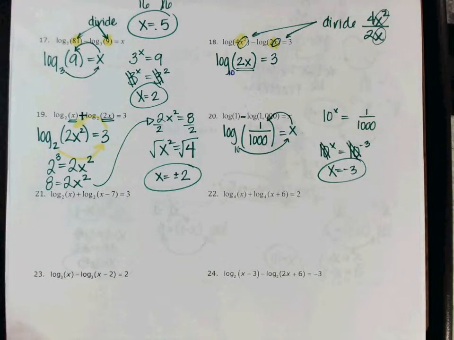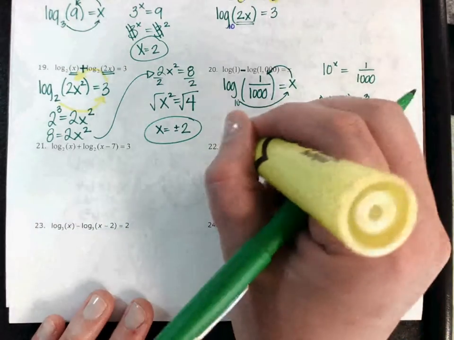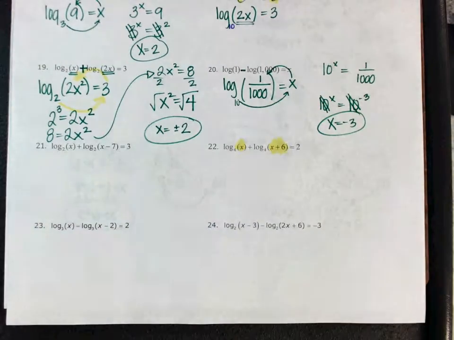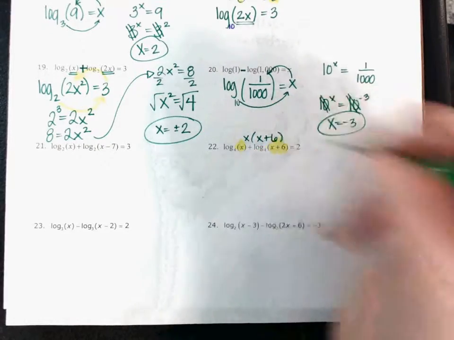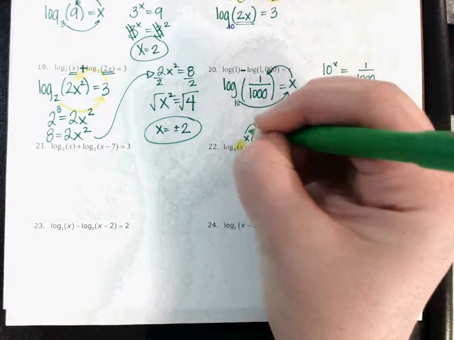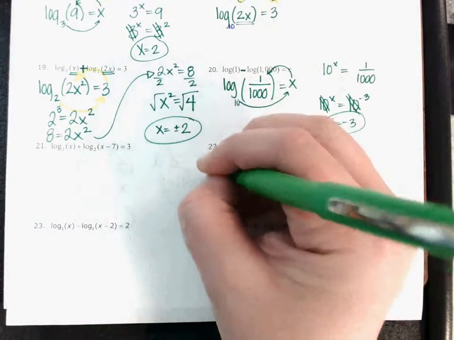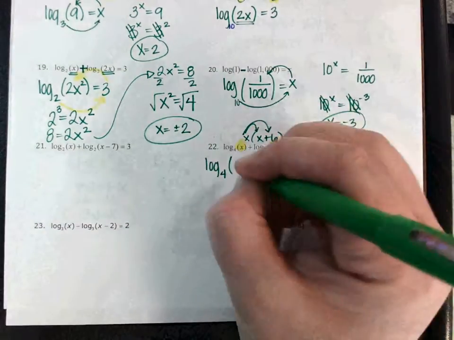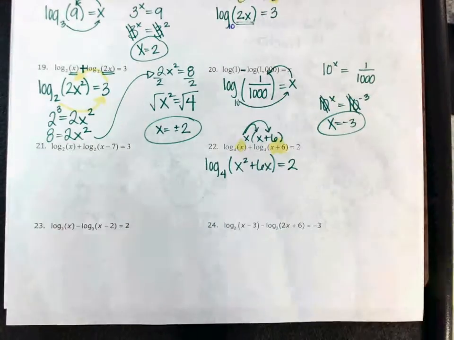Okay, the last 4. We did one like 21 and 22 last week on Friday. Let's do 22. Okay, first thing I notice, my logs are added. That means I'm doing what with my x and my x plus 6? I am multiplying. But when I multiply x times x plus 6, I'm going to have to do what? Distribute. So I'll have log little 4 of what? x squared plus 6x.